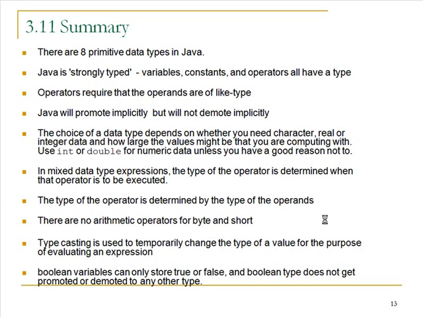So if you promote an int to a double, that's only for the purpose of evaluating the current statement. It doesn't actually change the value that's in the variable. Boolean variables are very restrictive, only store the values true and false, and there is no Boolean cast operator, which means nothing can be promoted to a Boolean and a Boolean cannot be cast to any other data type.